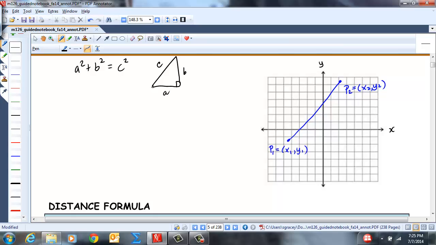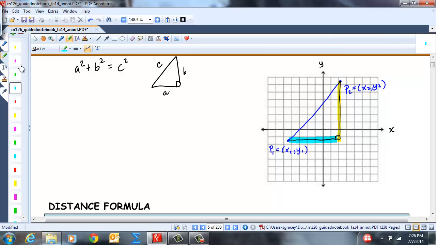And so, do you see that we could draw in a right triangle right here, and we could use the Pythagorean theorem to figure out the distance. So what we have to do is figure out what this length is, and we have to also figure out what this length is.